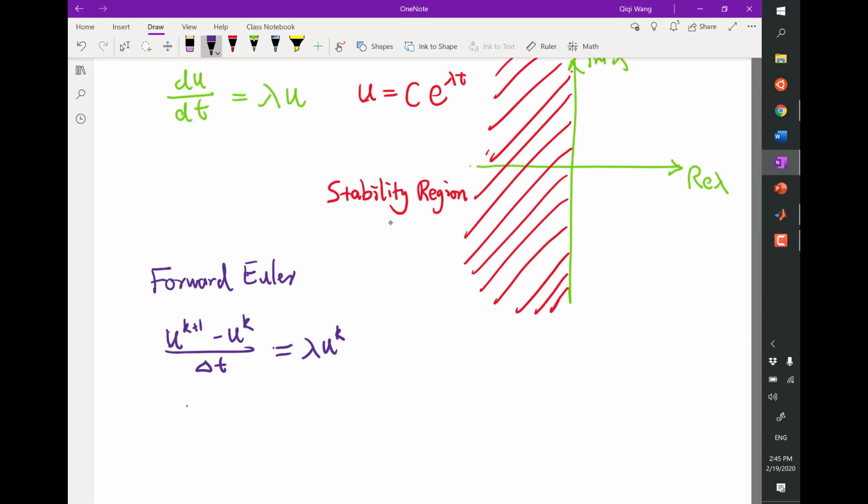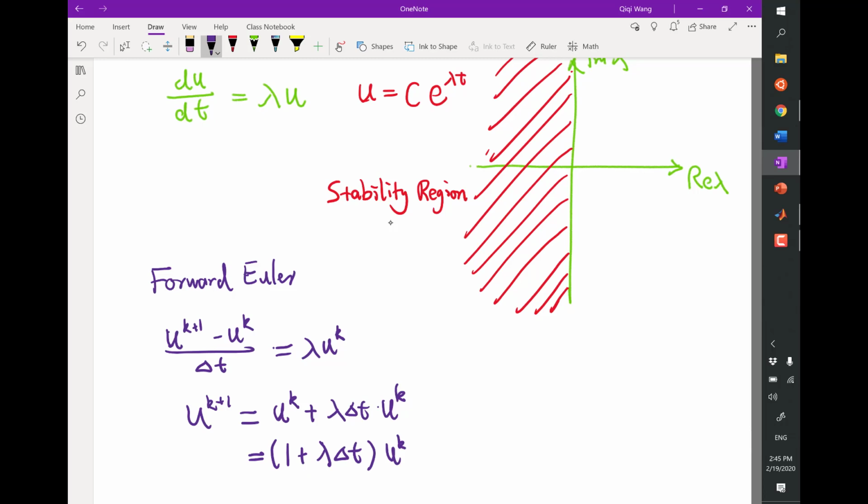And then the iteration becomes u_{k+1} is going to be equal to u_k plus lambda delta t times u_k. Or if I combine these two terms, that would be (1 plus lambda delta t) times u_k. Okay.